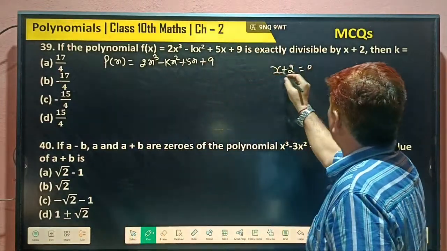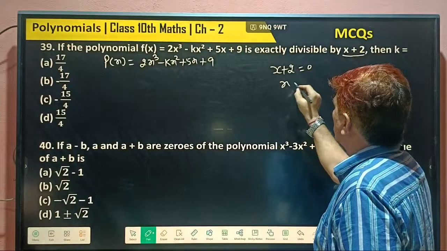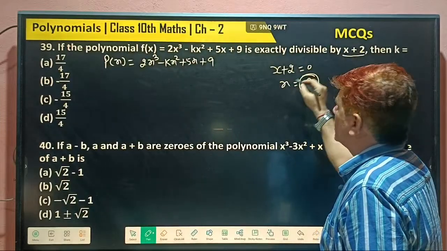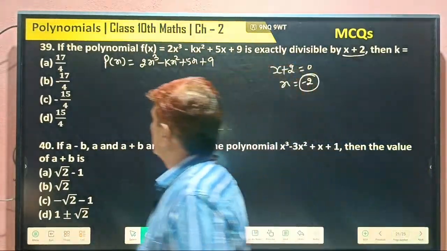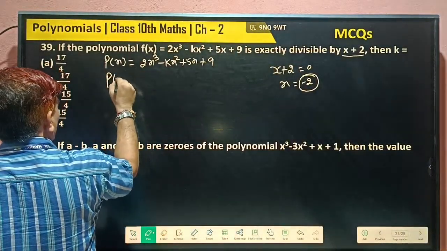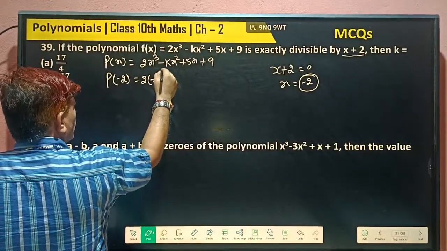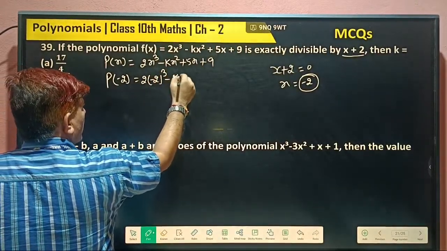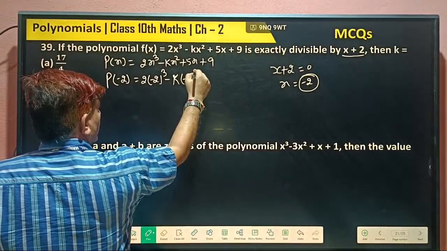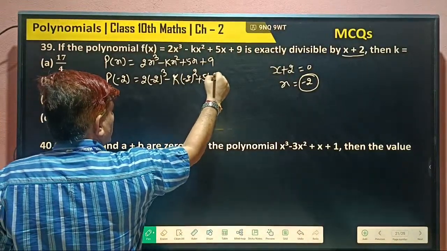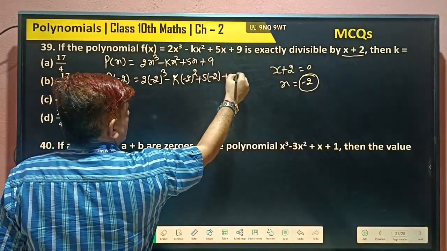This means x plus 2 is a factor of it, so x equal to minus 2 is a zero of this polynomial. So we can put p of minus 2 equal to 2 into minus 2 cube minus k into minus 2 square plus 5 into minus 2 plus 9.